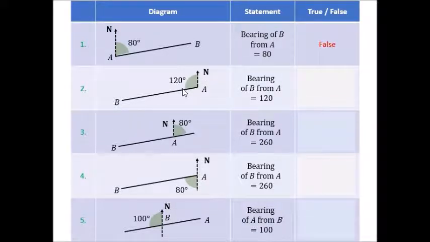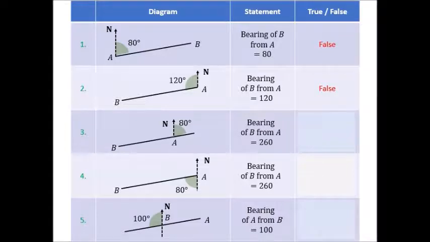So we need to do 360, because there's 360 degrees about a point, take away 120, to find our actual bearing, which in this case would be 240.